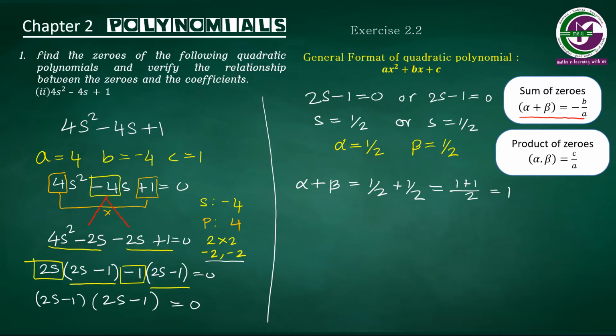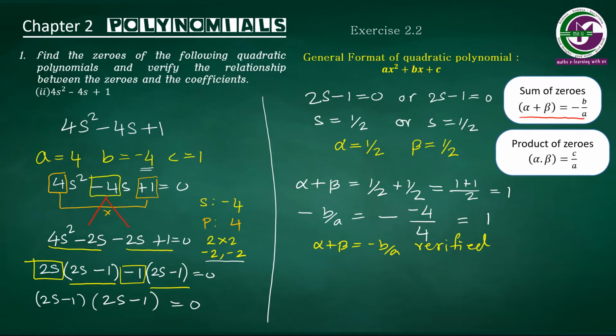Now minus b by a, that is minus of b by a. The b value is minus 4, so there are two negatives coming, minus of minus 4 divided by 4. Negative of negative is positive, so it is positive 4 by 4, that is 1. So they are the same. That means alpha plus beta equals minus b by a, verified.